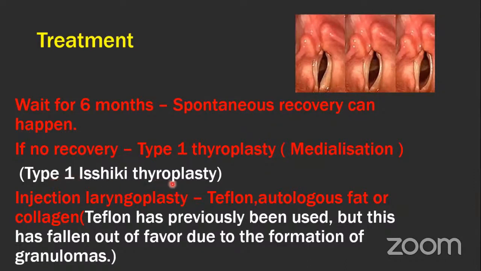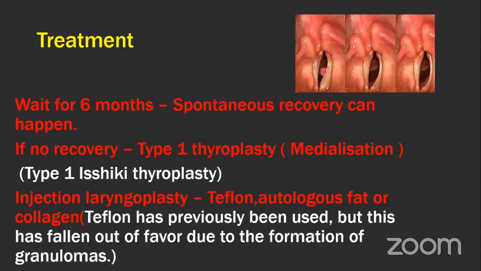If there is no time to discuss what type 1 Isshiki thyroplasty is, just remember that it is the surgery of choice for a unilateral vocal cord palsy. What will happen is this paralyzed vocal cord will come to the center. Also, you can give injections to this paralyzed vocal cord so that the volume will be enhanced.